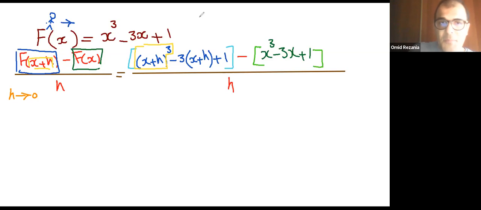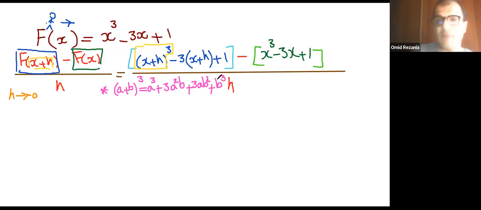If you remember from the prior years that you studied, the basic identities, you can write here as a note that as an identity, (a plus b) to the power 3 becomes a to the power 3 plus 3 a squared b plus 3 a b squared plus b to the power 3. That's the identity which you have seen before.